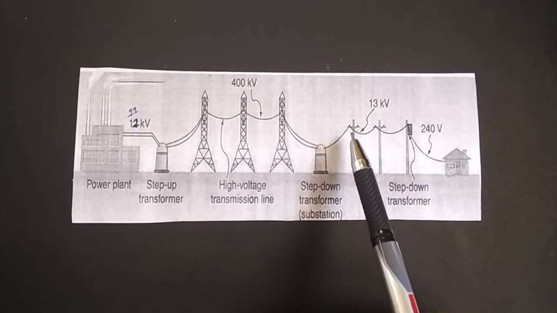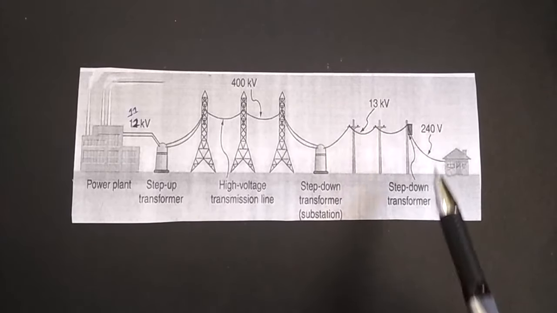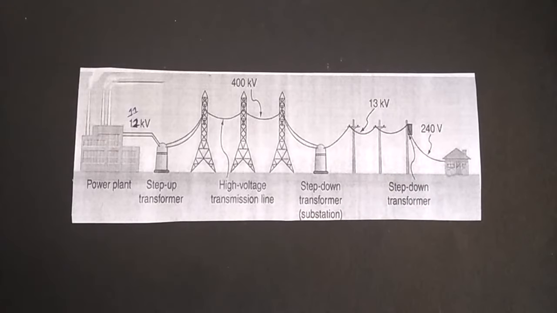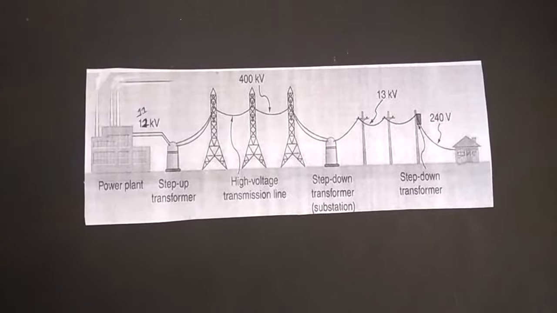So we step down this voltage with the help of a step down transformer, right? Based on this, we have some types of distribution also: the primary distribution and the secondary distribution, just based on the voltage level.